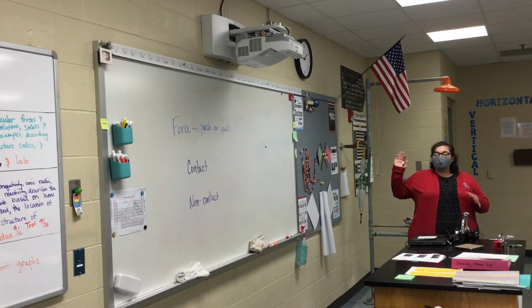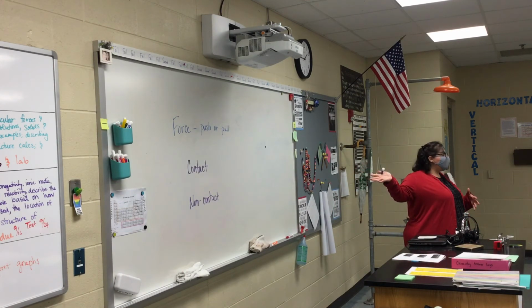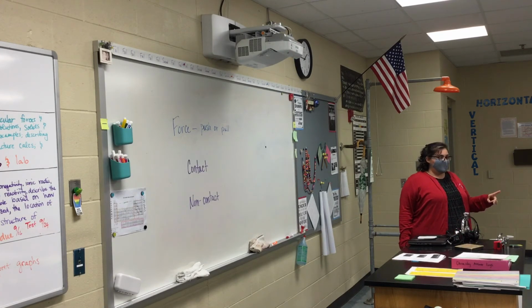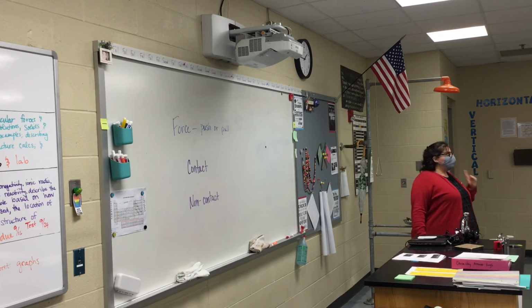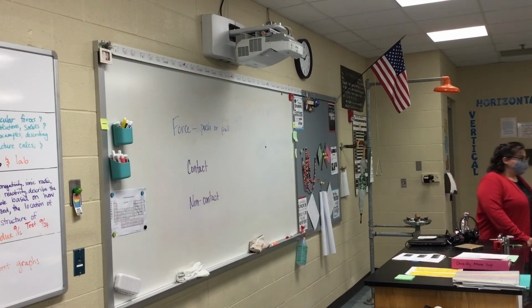And then we're going to put all of our forces on this dot, but our forces have to go on in a specific way. Not in order, but a specific way. All of our forces are going to be represented by arrows. And all of those arrows must point away from the dot. So we're never going to have a tip of the arrow towards the dot. It's always going to be pointing in a direction away from it.